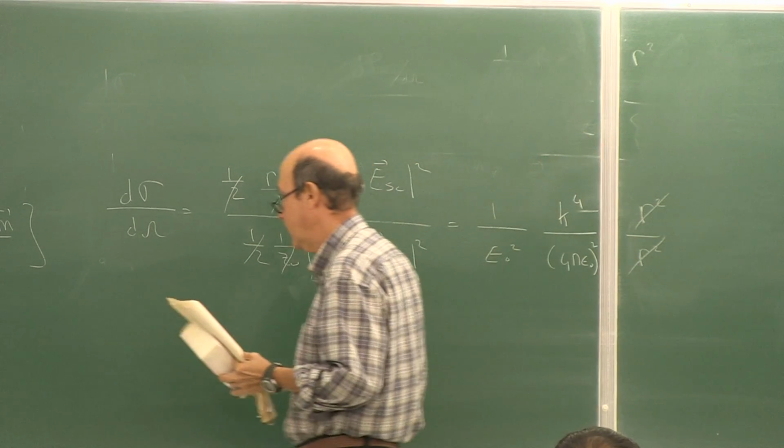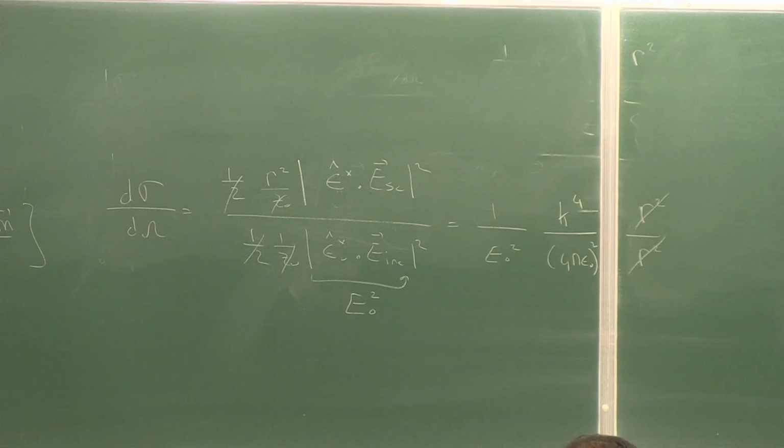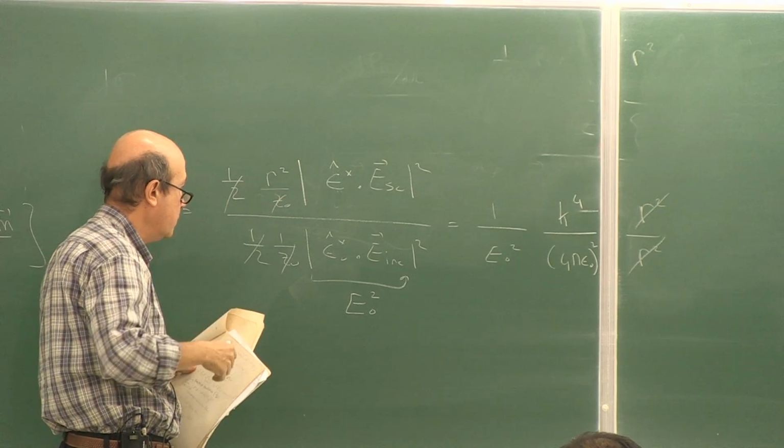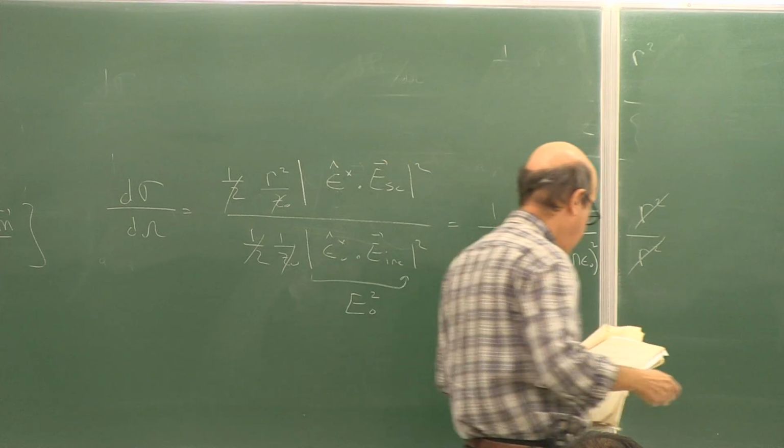So as we thought earlier, the power and the scattering cross-section do not depend on any distance because they are spherical waves.